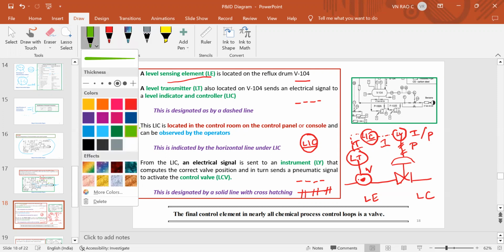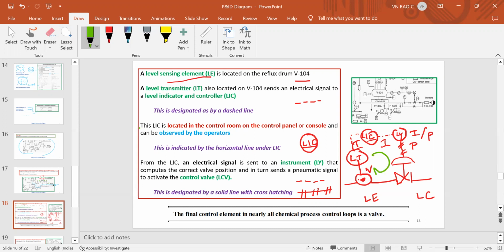This total thing is a closed process loop, also known as a process control loop. If it is temperature, you change every first letter to T. If it is pressure, you change every first letter to P. If it is flow, change every first letter to F.